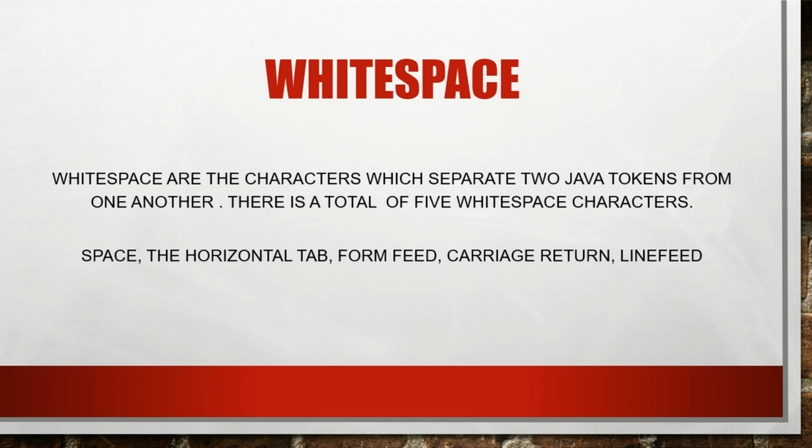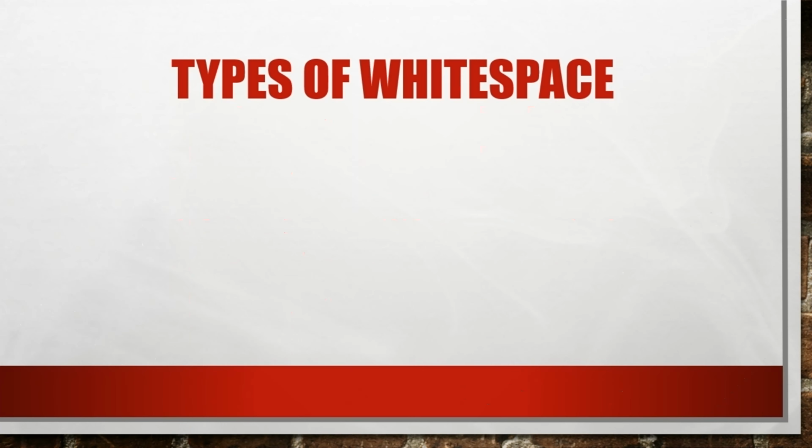Now on hearing two types of white spaces you might find some known terms like space and tab, but there are terms like carriage return, form feed, and line feed which you might not even have heard of. So let's discuss them in detail. First, we have space. It is the normal space which we get from pressing the space bar.